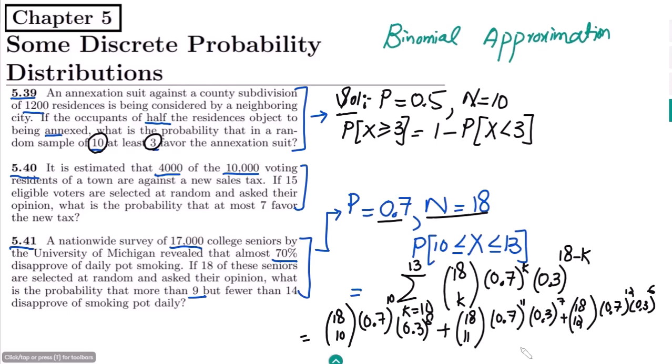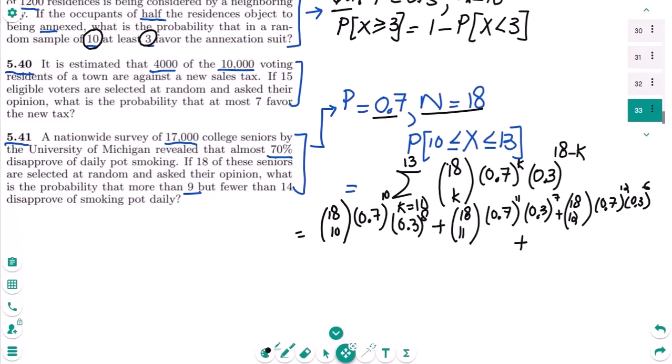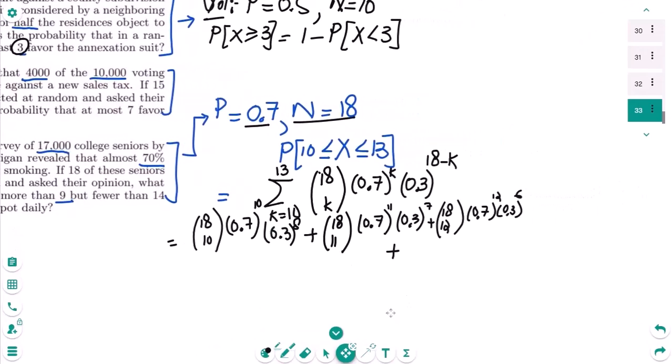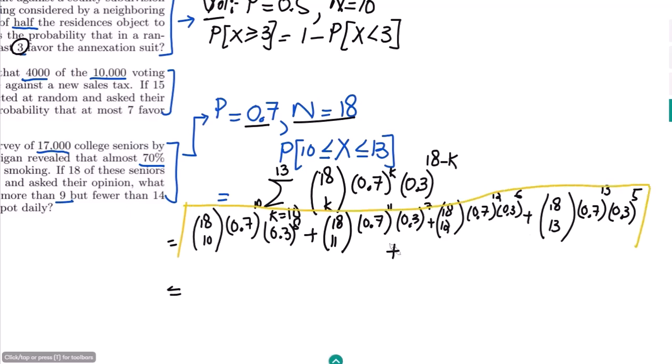The last one would be 18 choose 13, with 0.7 raised to power 13 and 0.3 raised to power 18 minus 13, which is 5. So we have to add all of them.